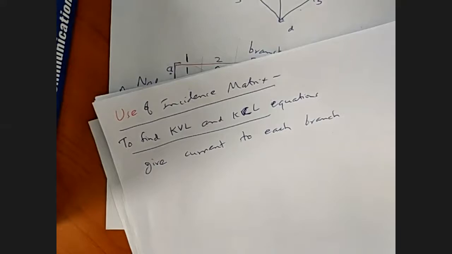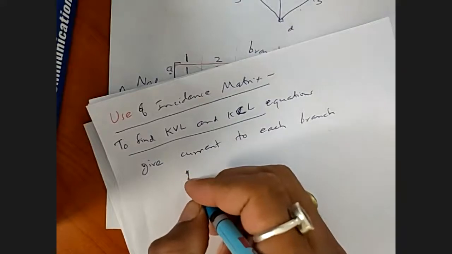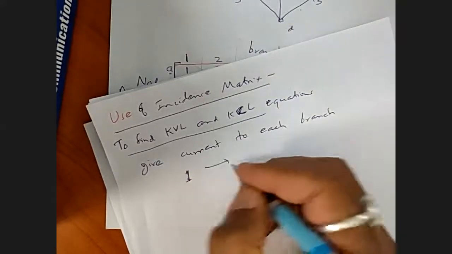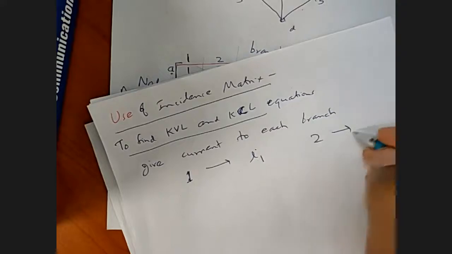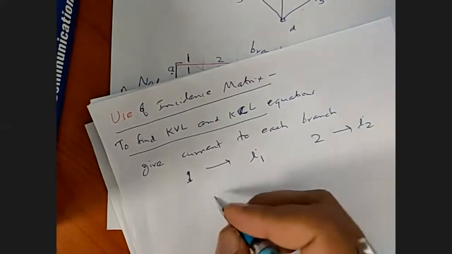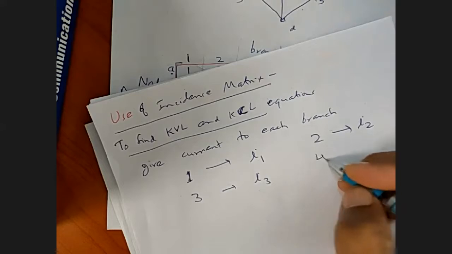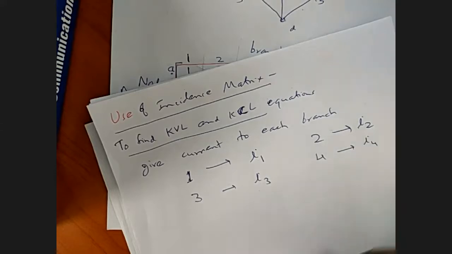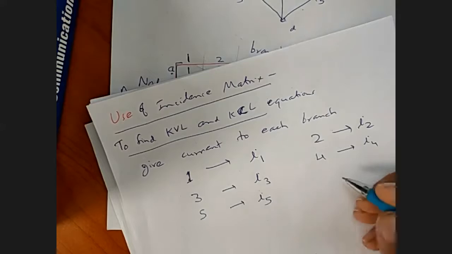Branch number 1 current I1, branch number 2 current I2, branch number 3 current I3, branch number 4 current I4, branch number 5 current I5 and branch number 6 current I6.